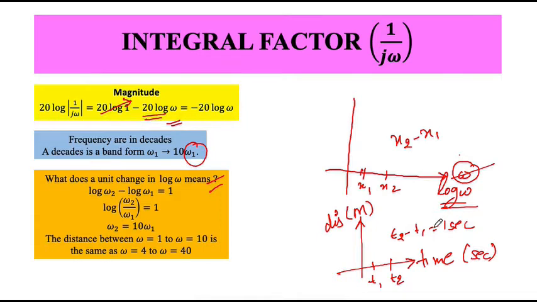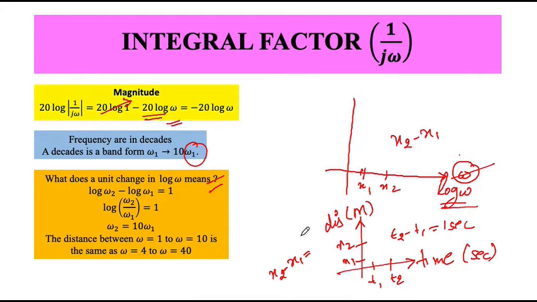And if here it is some other thing like distance x1 and x2, say this is velocity in meter per second, x2 minus x1 will be 1 meter per second. So this was the unit, which we learn in high school on how to draw the graph.